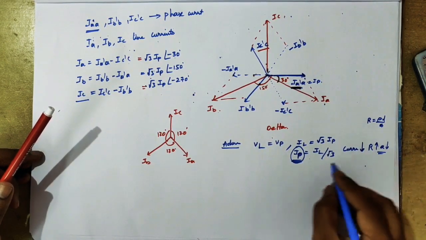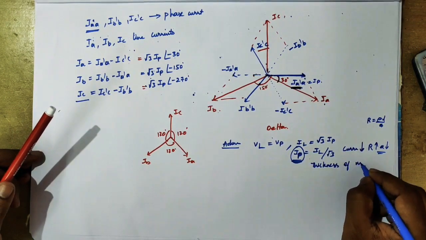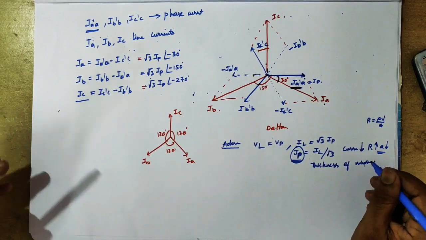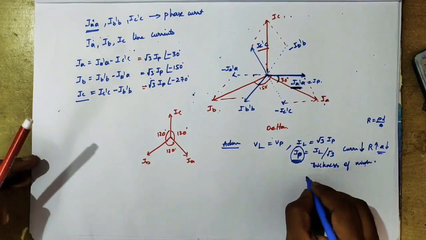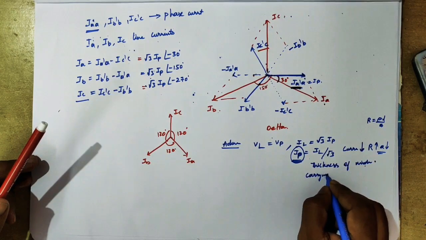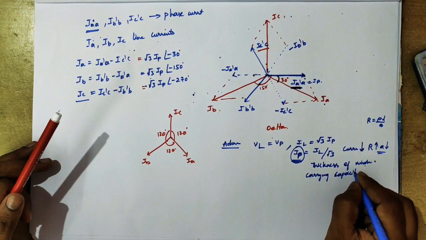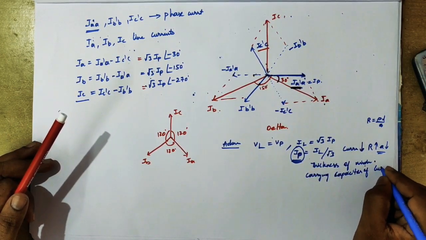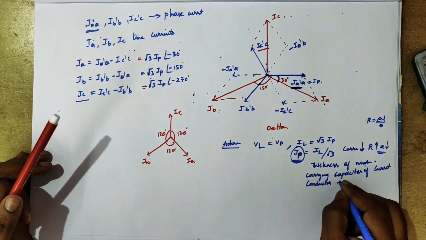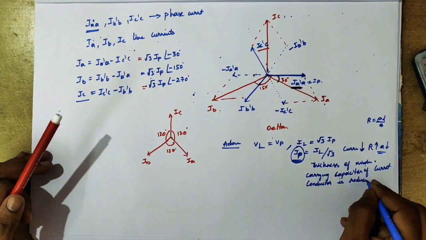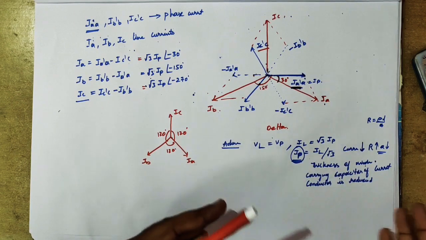That means the thickness of the winding is reduced compared to star. If the thickness is reduced, the current carrying capacity of the conductor is reduced.